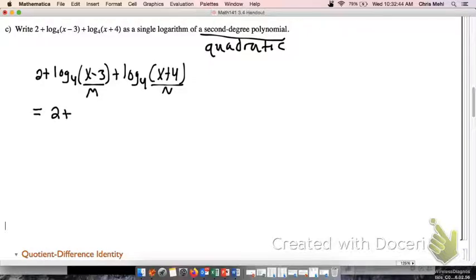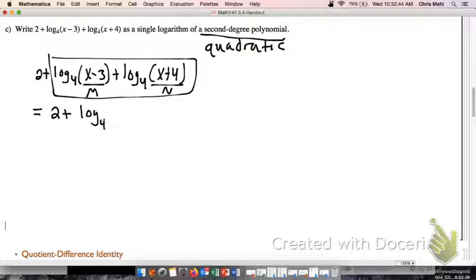So this would be 2 plus, okay, the sum of the second two terms. Since I'm adding two logarithms base 4, what I can do there is multiply x minus 3 and x plus 4 together. Those are being thought of as my M and my N. And I'll do one more step.